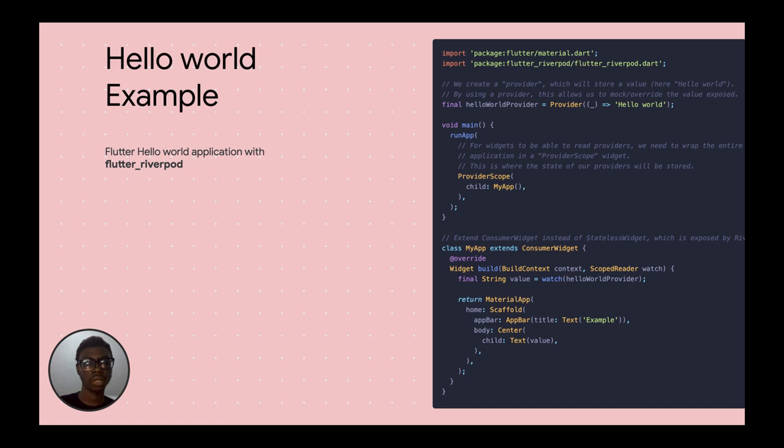It basically gives us the same thing as what the hooks widget does with the use provider. So instead of using hook widgets with the Flutter hook library, you could use a consumer widget here, and then we'd use the watch method to listen to this particular provider, get the value, and use the value in our text.